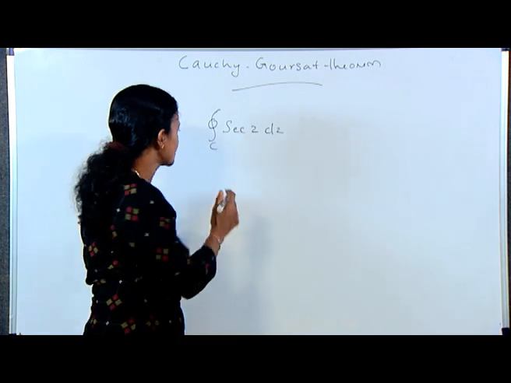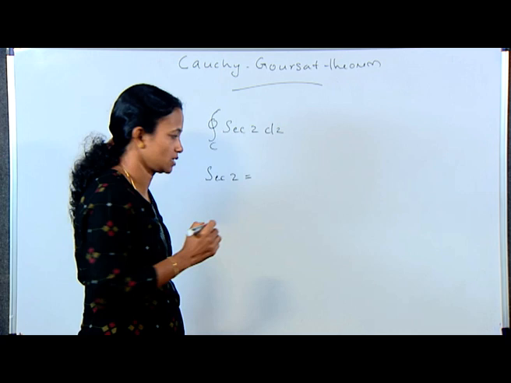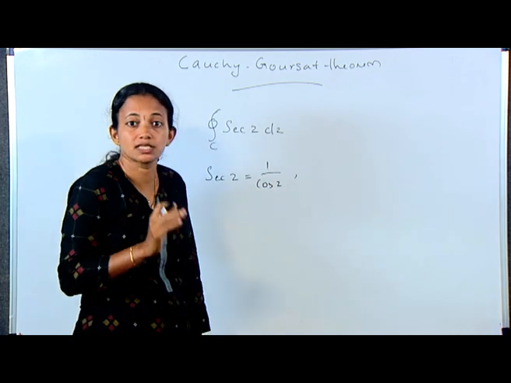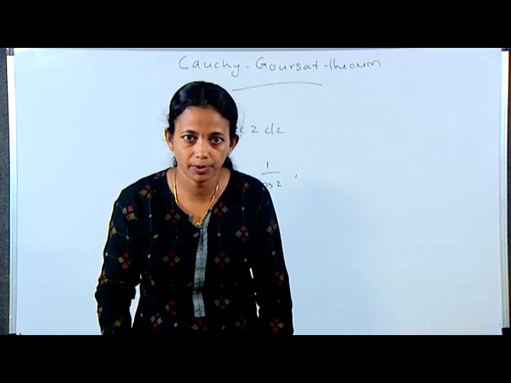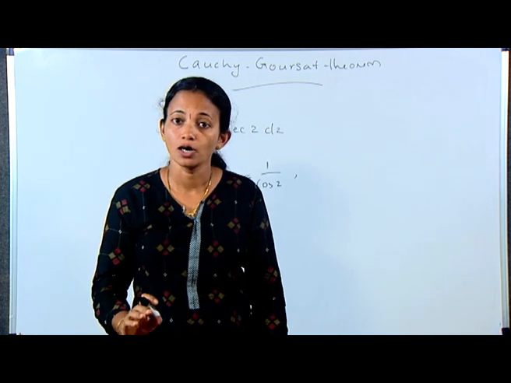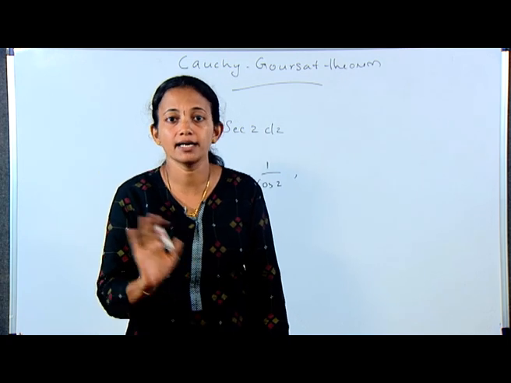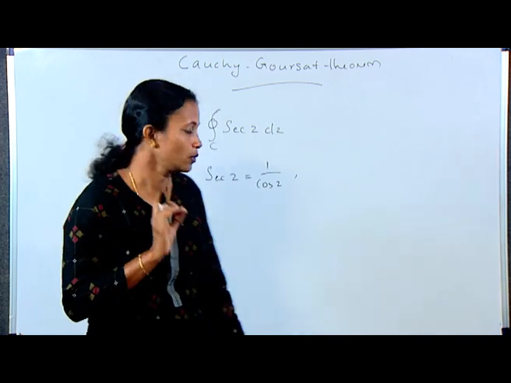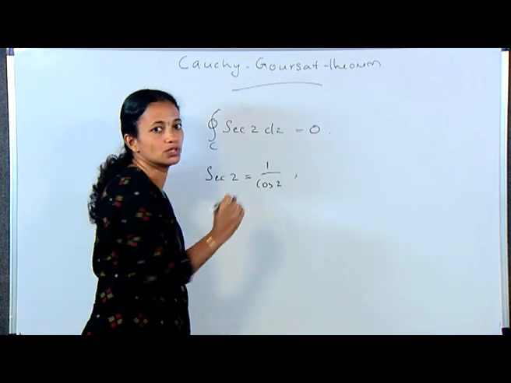We can say sec z can be written as 1 by cos z, which is not analytic at z is equal to plus or minus pi by 2, plus or minus 3 pi by 2, etc. But all these points lie outside C. None lies on C or inside C. Hence, by Cauchy-Goursat theorem, integral over C of sec z dz is equal to 0.